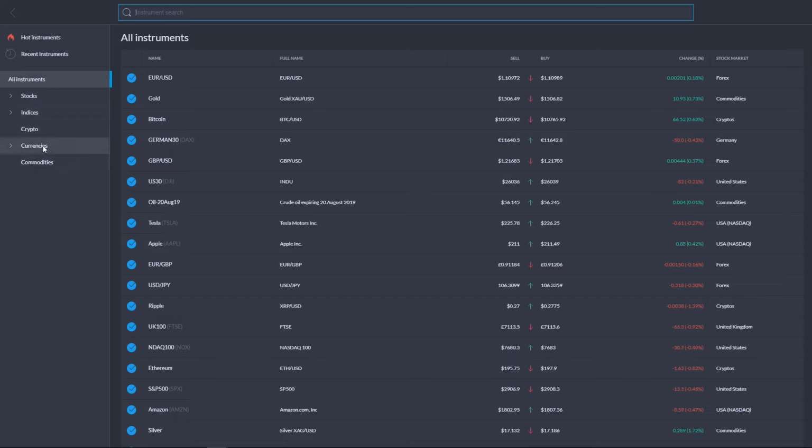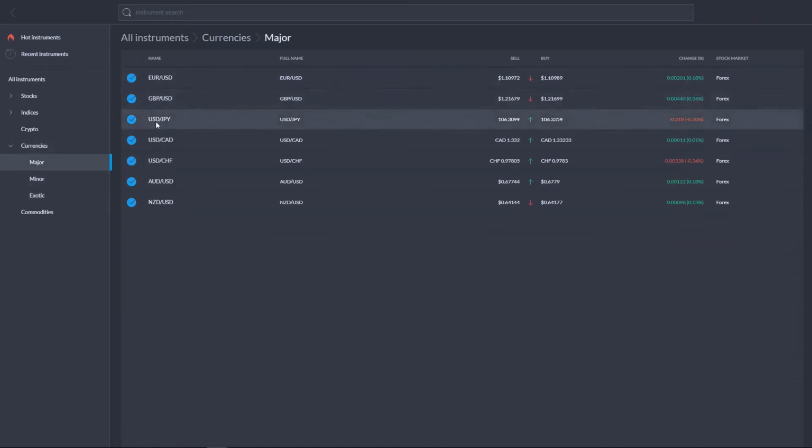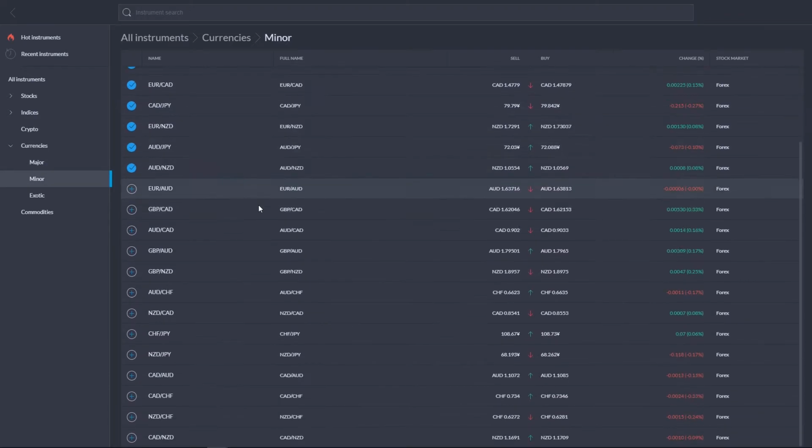So we click on currencies, then we have these three groupings: major, minor, exotic. If we click on major, now those are the major currencies that we've just been talking about, and you can see included in there is New Zealand dollar against US dollar. If we click on minor, then we're going to see our currency crosses. And there's a long list of currencies in there.